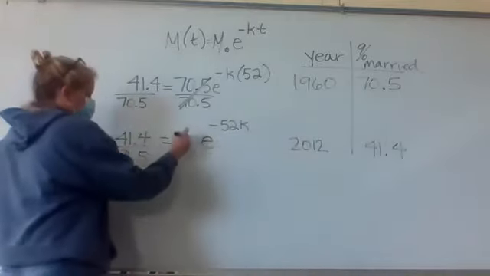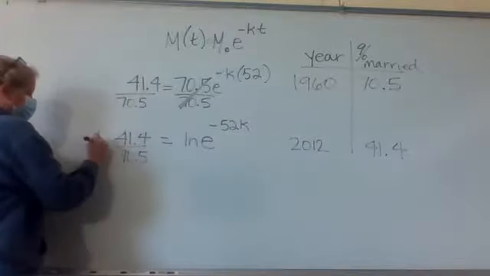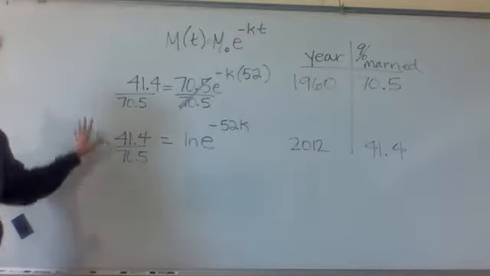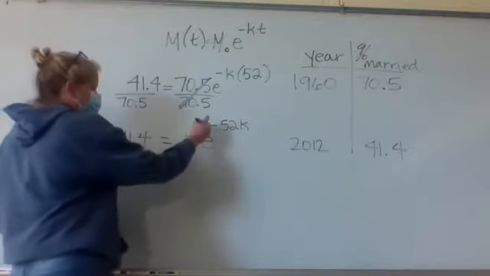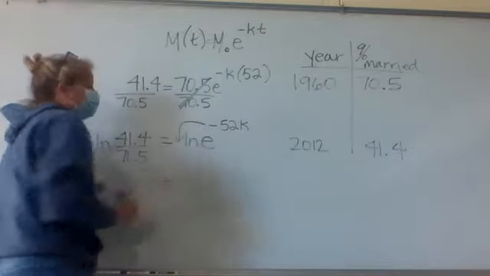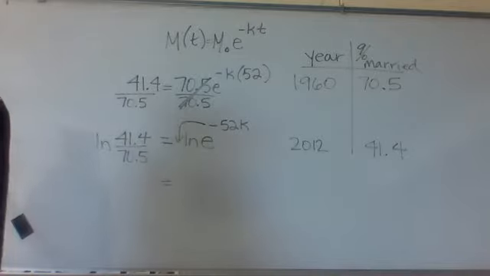I'm going to ln. Again, remember, you're just creating a big math problem over here. The whole reason I ln is because now on the right side, I can bring that negative 52K down.